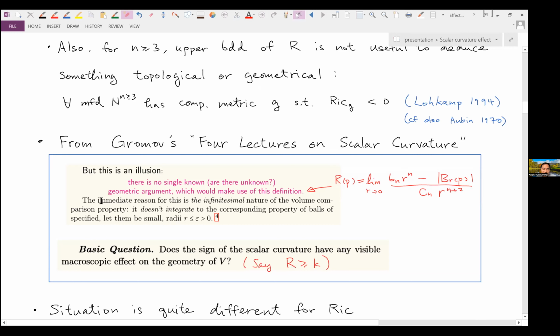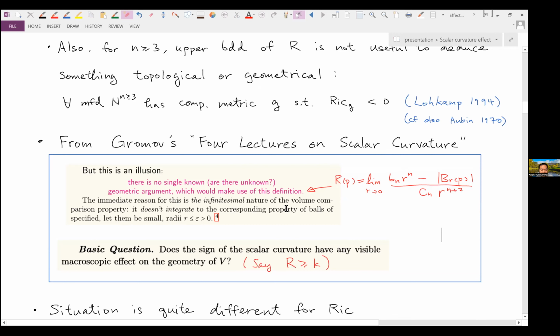And then he described that the immediate reason for this is the infinitesimal nature of the volume comparison. So just remember the previous pictures. This property doesn't integrate to the corresponding property of balls of specified, maybe even small radius r, right?